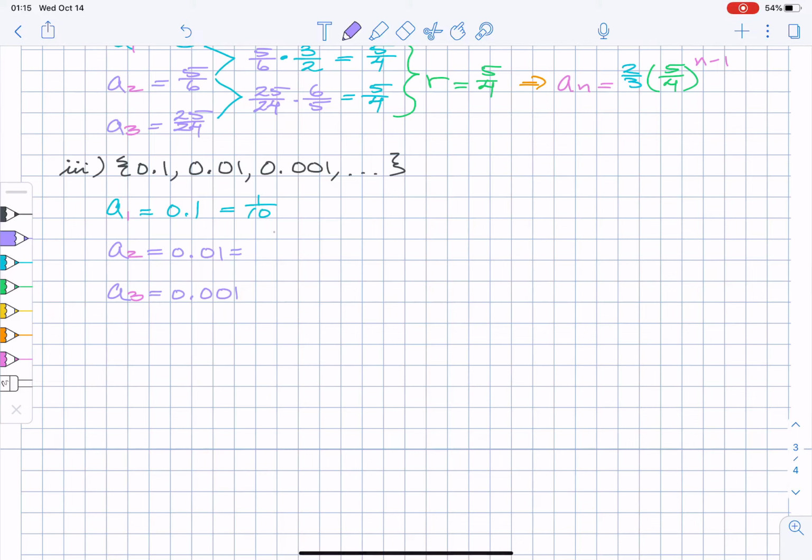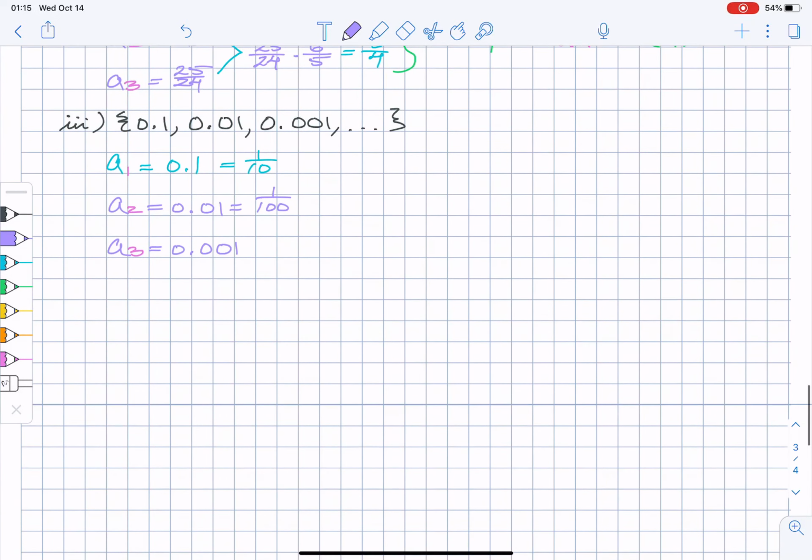decimal. And this is 1/100, with 2 zeros, because including the 0 that precedes the decimal, it's 100 backwards. This is 1/1000. For the same reason, read backwards, it's 1,000. Okay, so now let's look at our common ratios, namely 1/100 times the reciprocal, 10/1, gives us 1/10.